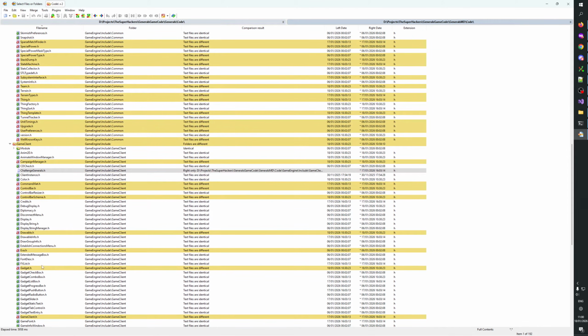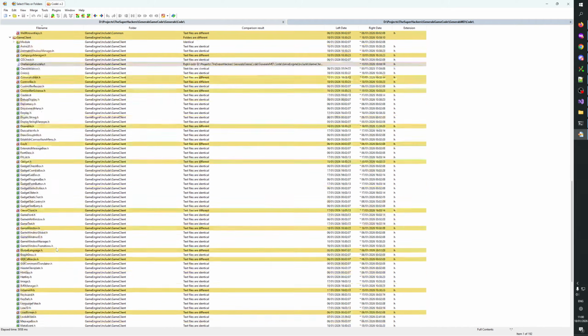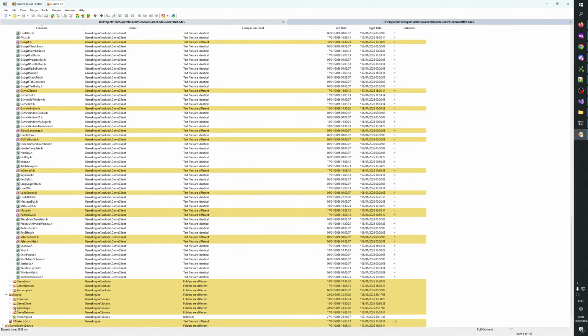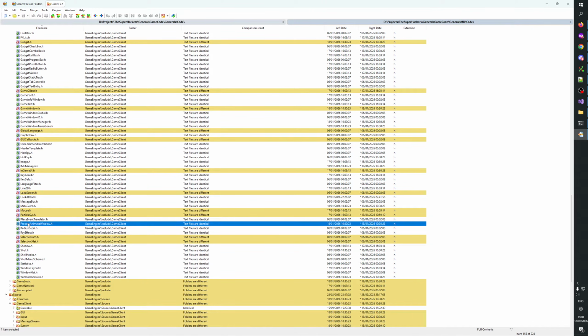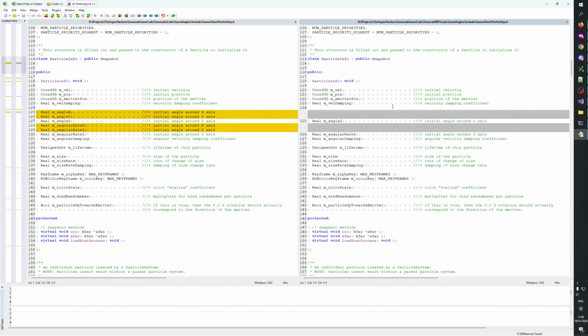This one. Particle system P, where's P? Here, particle sys. Let's take a look at it. Aha. Let's see, angular rate.